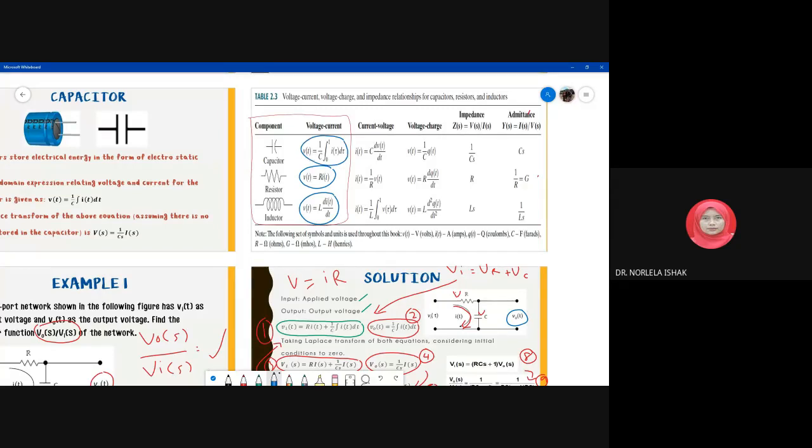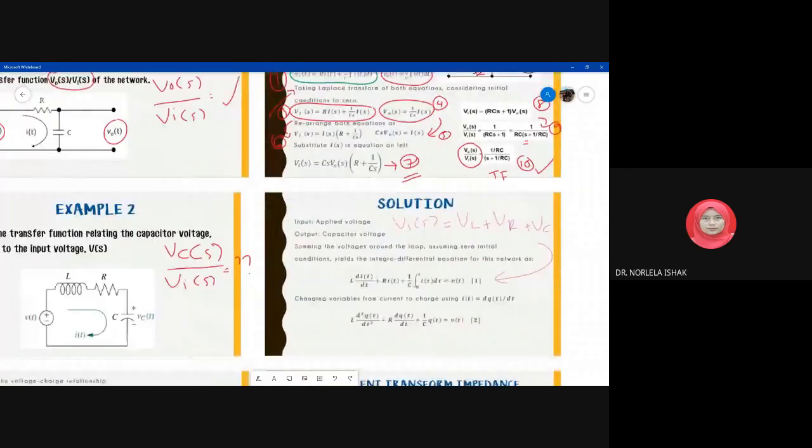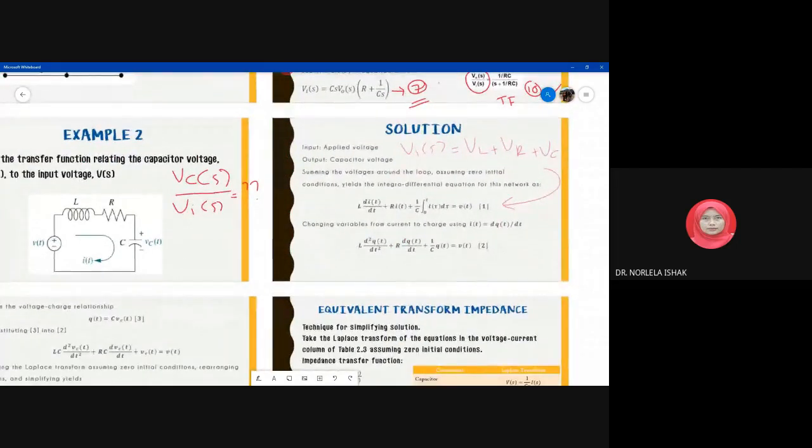We use this table to derive the equation. So the voltage through the inductor is L di over dt. This is VL plus VR plus VC equal to the total voltage, sorry, our V total, from equation 1.